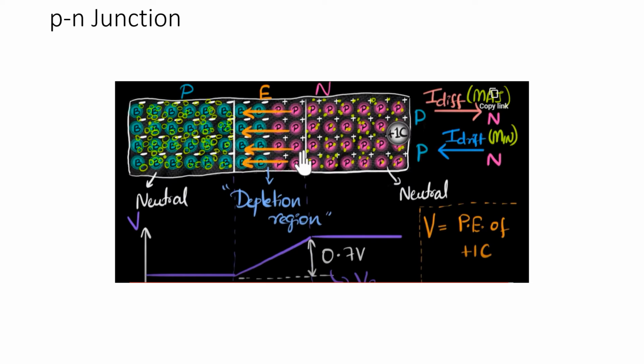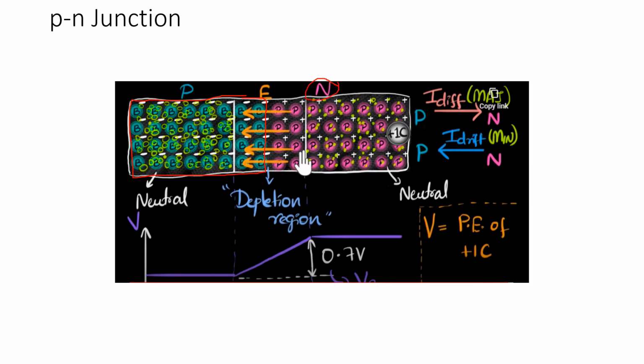Please see the diagram. Here in this diagram, a single crystal of silicon material is doped with p-type material on the left side and n-type material on the right hand side.